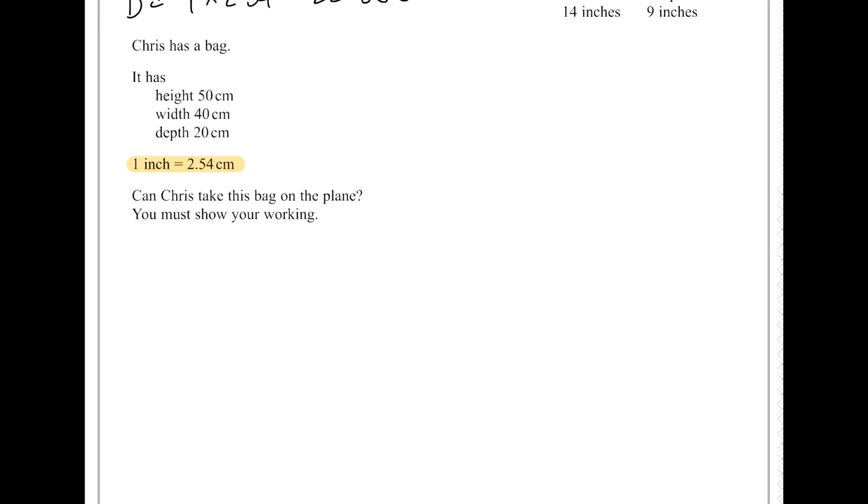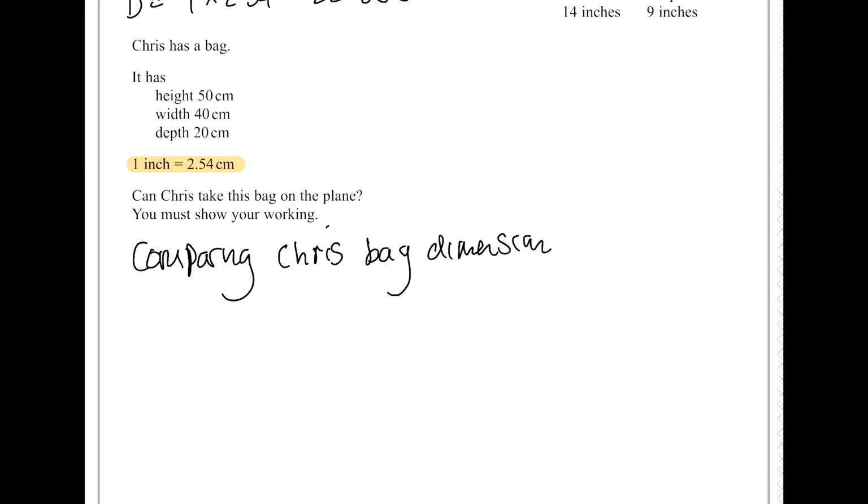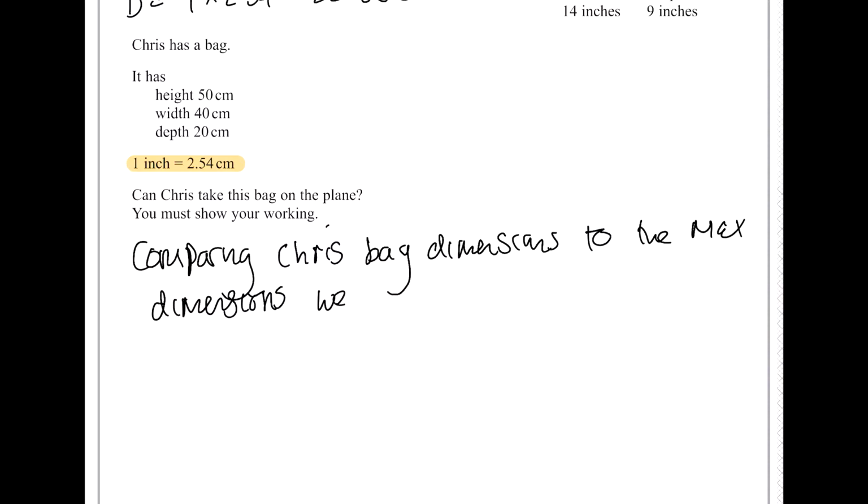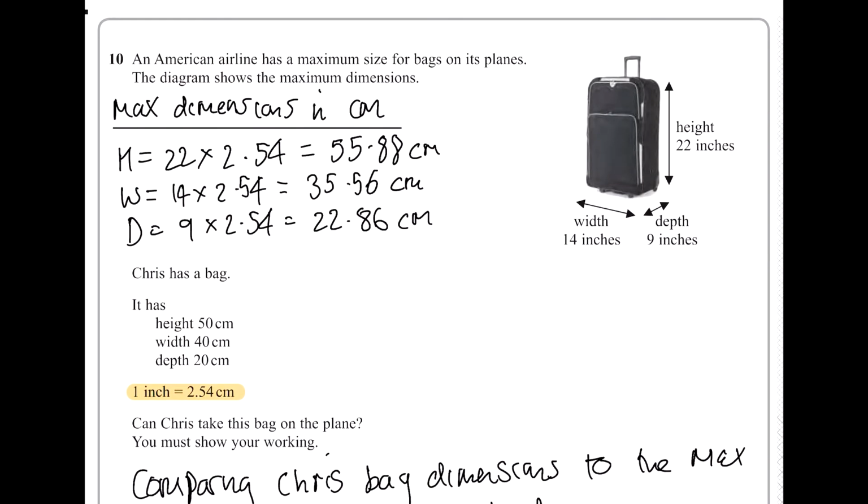So now what we can do is compare Chris's bag dimensions to the max dimensions. If we have a look, we see that the height of Chris's bag is fine.